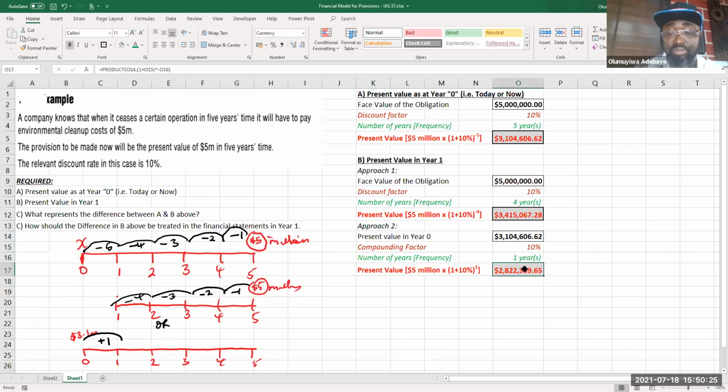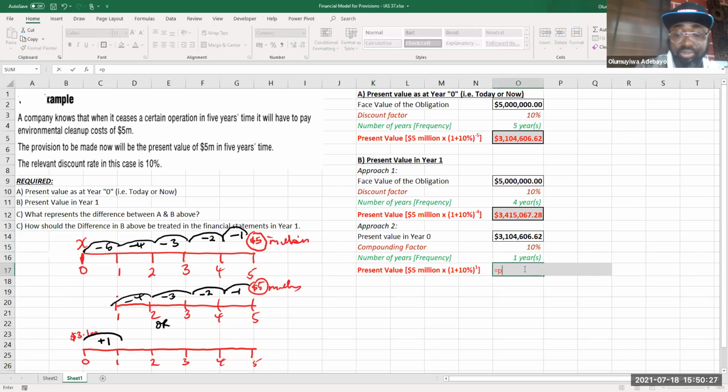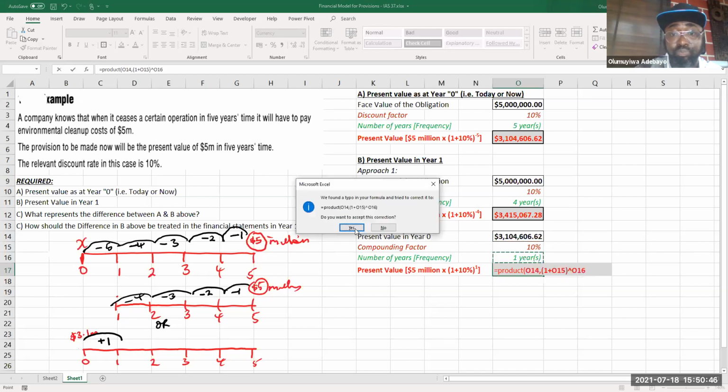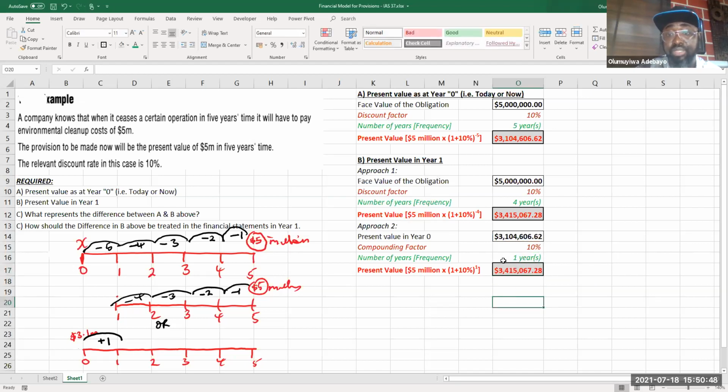And therefore, what is it? It's a product of this 3.1, times 1 plus the compounding factor raised to power 1 year. And that's it, you get the same answer. Okay, and that is that.